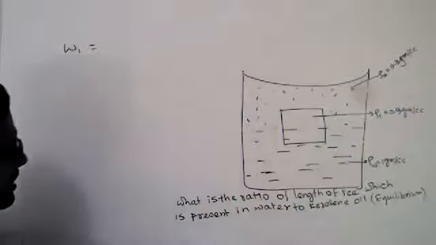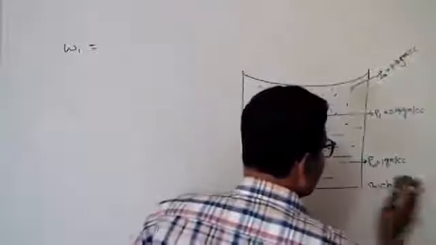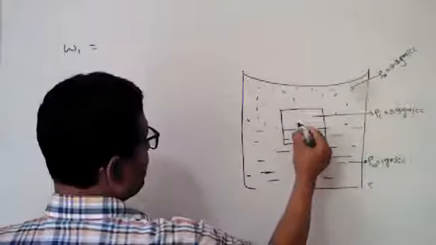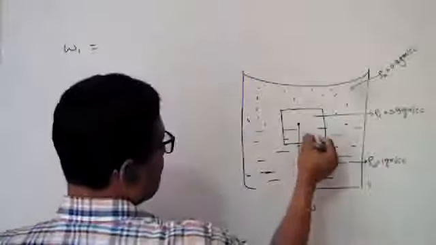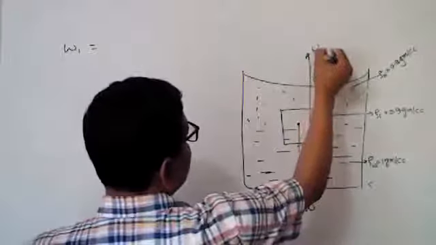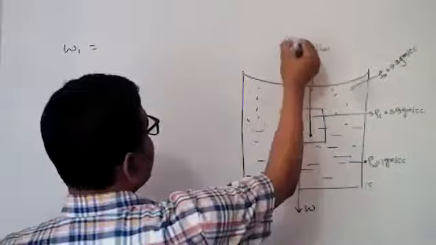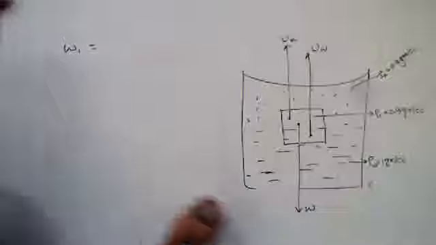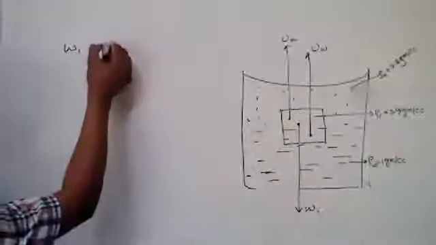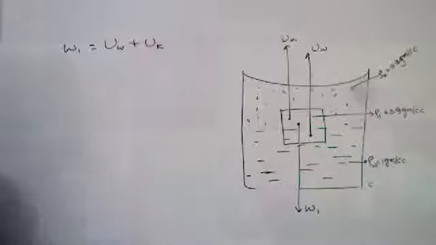So the weight of the ice acts in this direction, buoyancy of the water, UW, in this direction, and buoyancy of the kerosene, UK, in this direction. For equilibrium, we can write the weight of the ice equals buoyancy of water plus buoyancy of kerosene, UW plus UK.